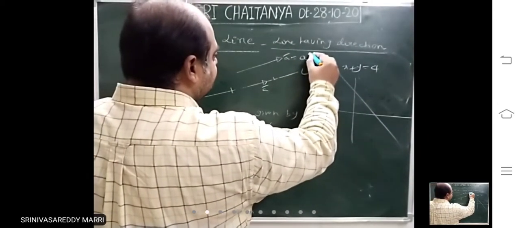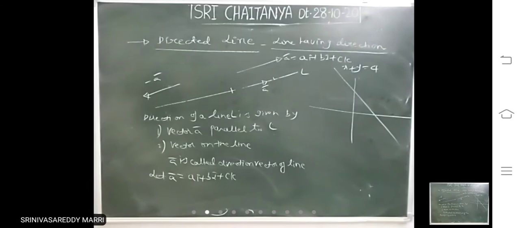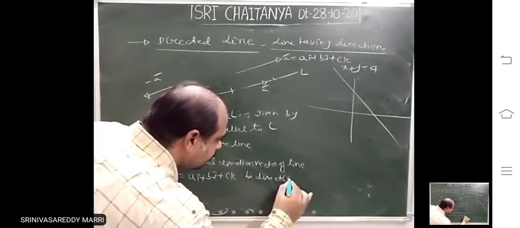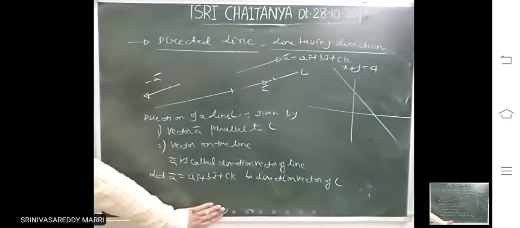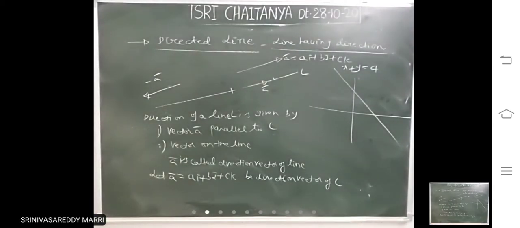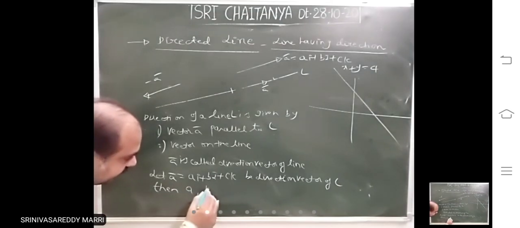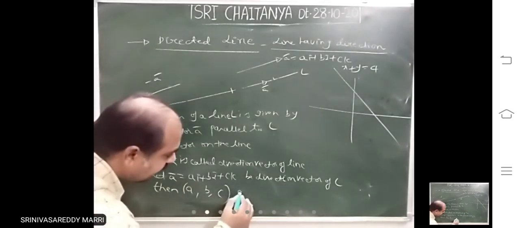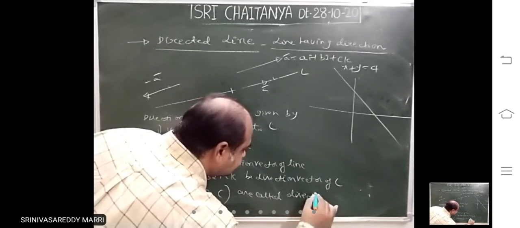If this vector gives the direction of the line, it is the direction vector of L. Let A bar equal to AI plus BJ plus CK be the direction vector of L. Then these coefficients A comma B comma C are called direction ratios.